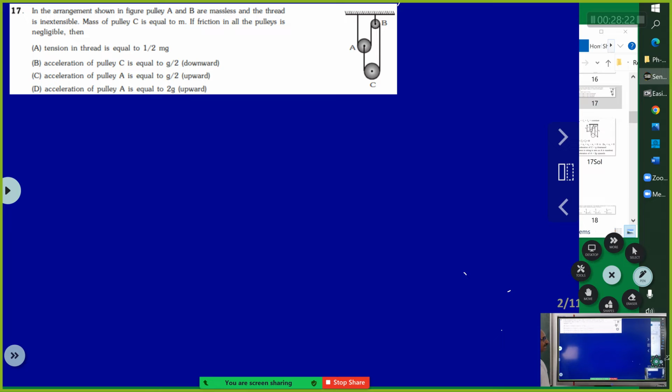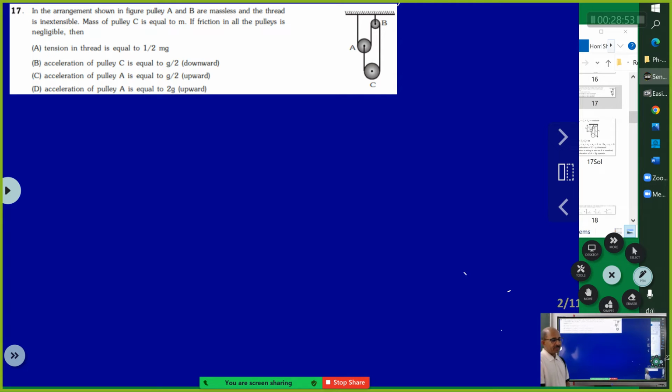However, this problem is slightly different than the previous problem. You have to see the end of pulley A, and the other point for pulley C is connected to a pulley which is fixed. So B is not free.